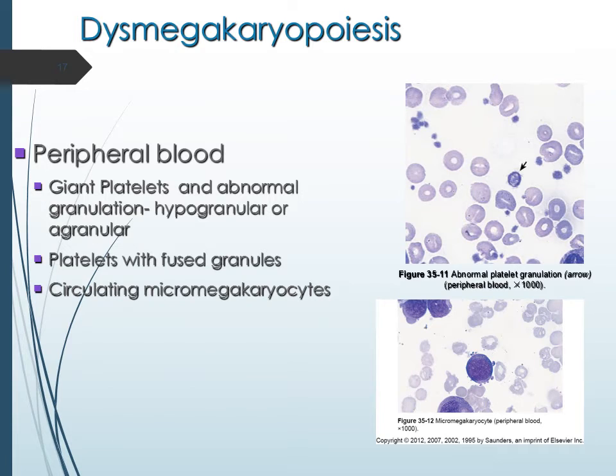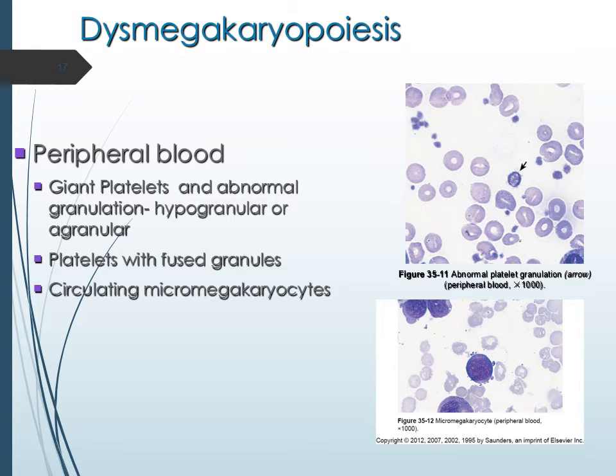Now, dysmegakaryopoiesis. Platelets also exhibit dyspoietic features. Common changes in the megakaryocytes include giant platelets, as you can see in the pictures, and abnormal platelet granulation, either hypogranulation or agranulation.